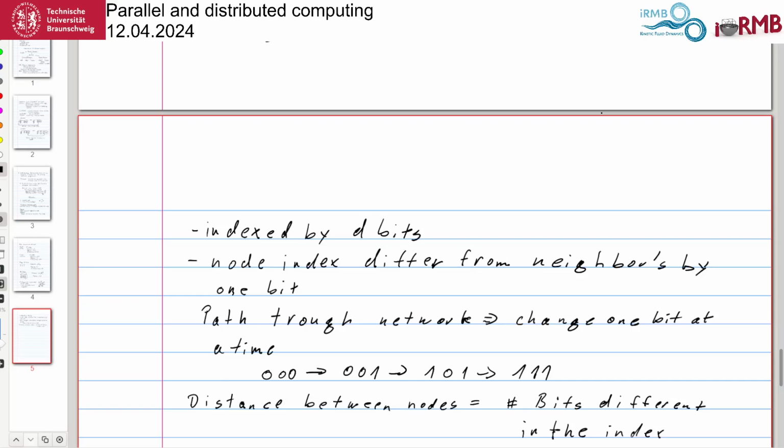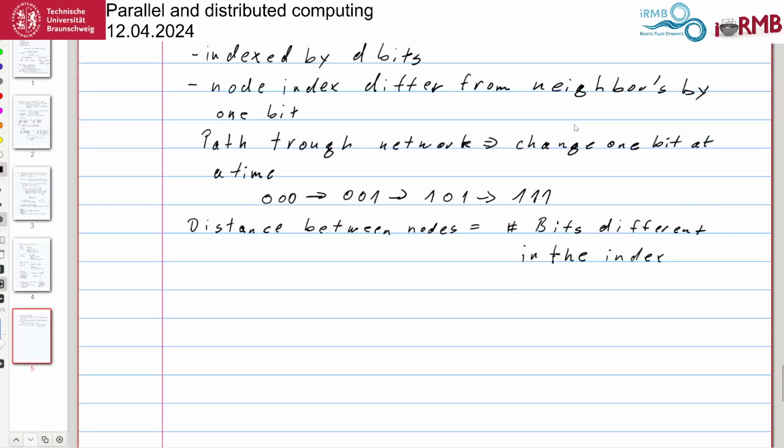There is a word for this. Has anybody studied computer science, actually? No, not really. Officially, but only in my home uni. But have you heard about Hamming distance? Hamming distance.